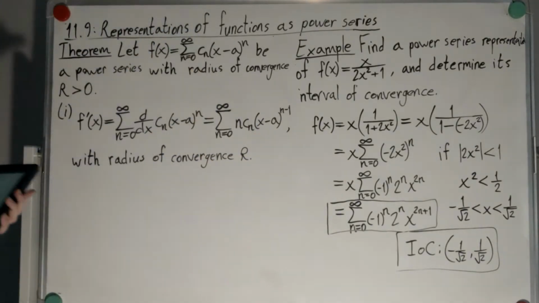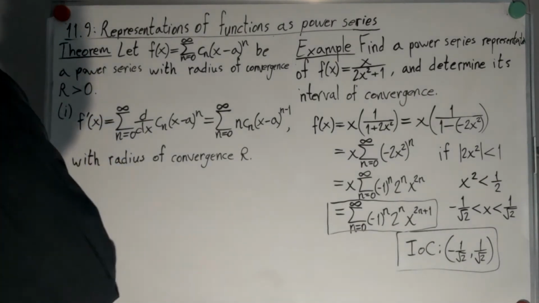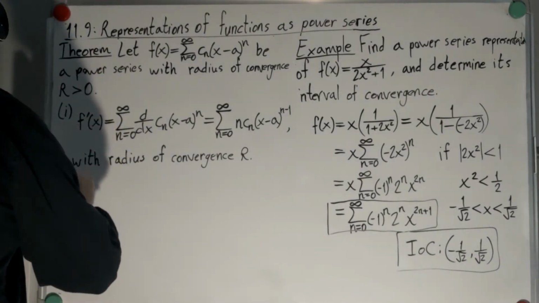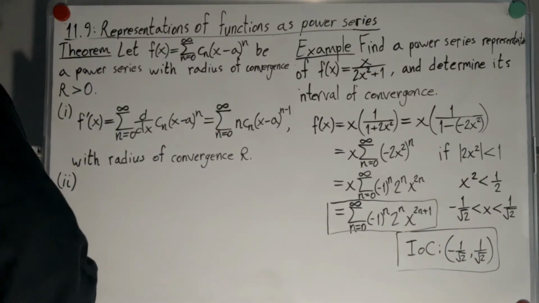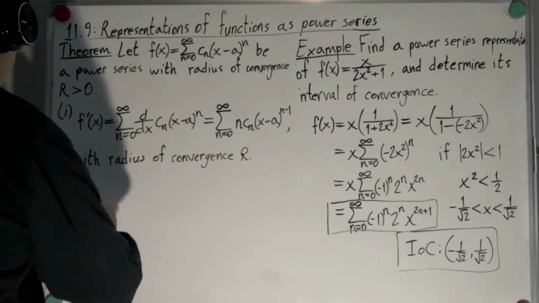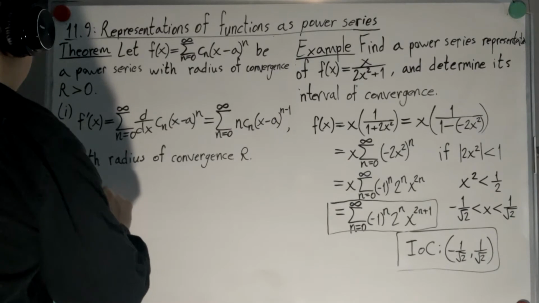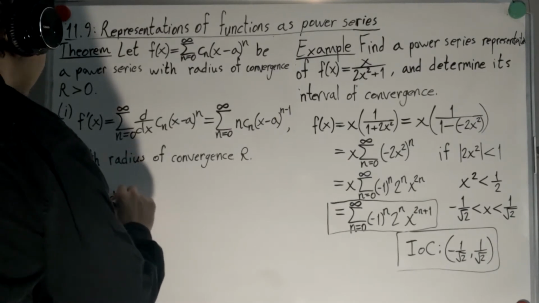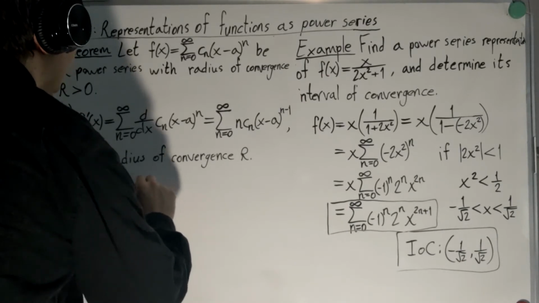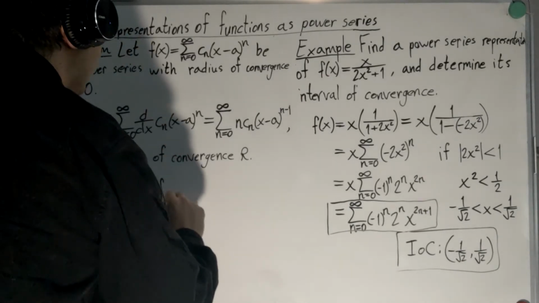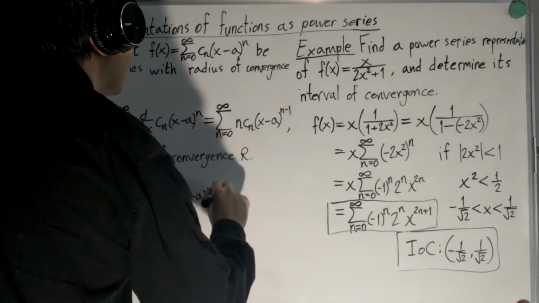Okay, so same radius of convergence as the original. The other fact is that the function is integrable on the open interval from a minus r to a plus r, and that the indefinite integral of f of x is the sum from n equals 0 to infinity of the integral of Cn times (x minus a) to the n dx.